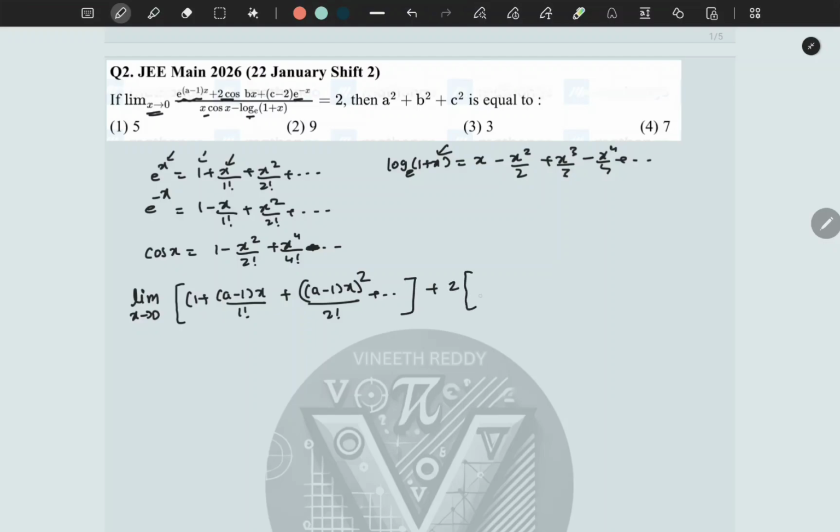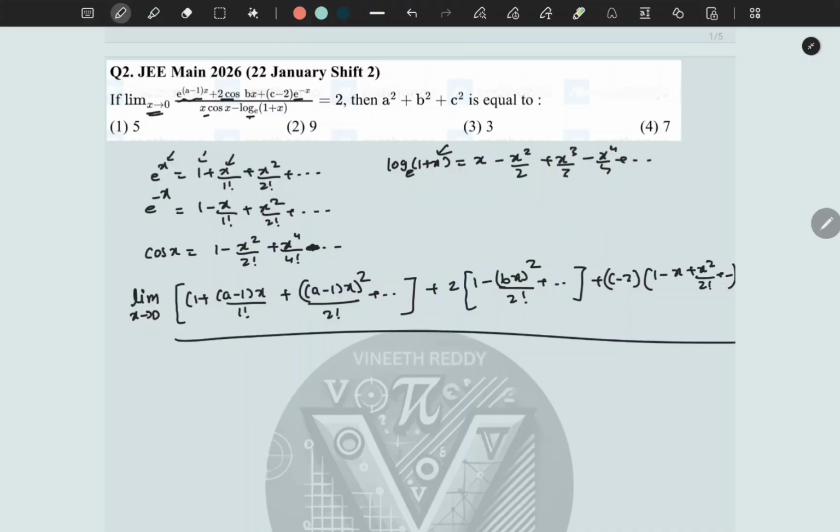Plus again 2 times cos bx can be written as 1 minus (bx) whole square by 2 factorial and so on, plus (c minus 2) times e power minus x can be written as 1 minus x plus x square by 2 factorial and so on, divided by now x into cos x. Cos x is again 1 minus x square by 2 factorial plus and so on, minus log of 1 plus x can be written as x minus x square by 2 and so on, right?